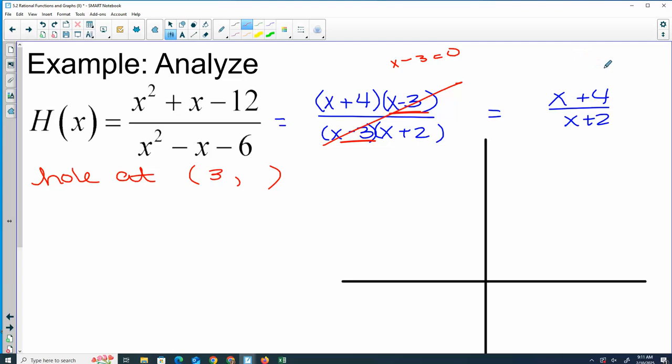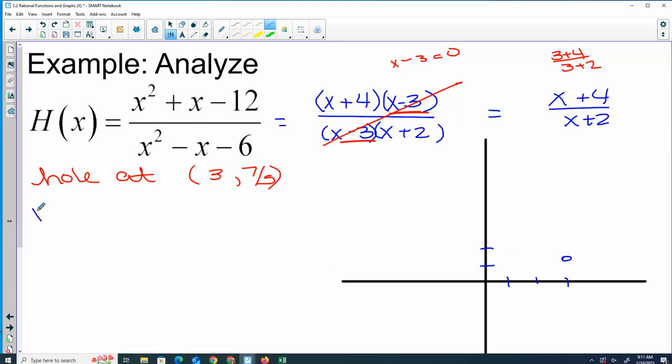To get the y, you plug 3 into what's left. So we get 7/5. Okay, so we plot that as an open circle on the graph at 3, 7/5, it's like 1.4. Nice strong open circle with it.